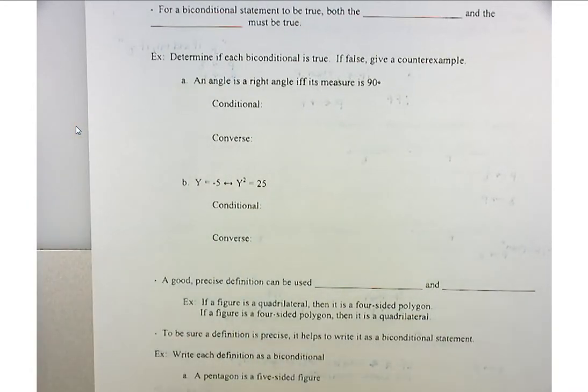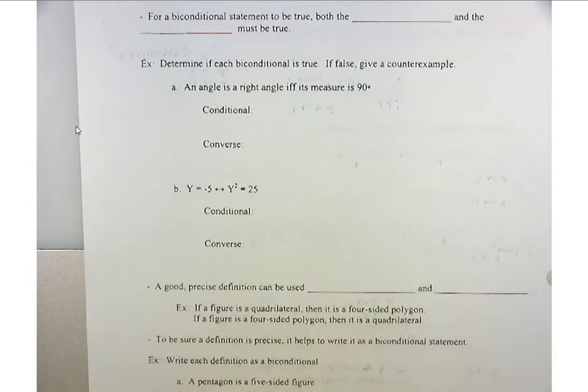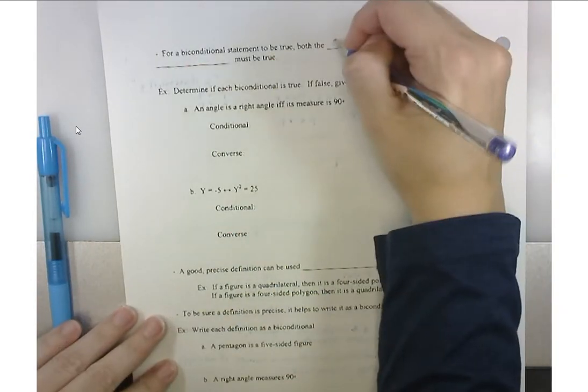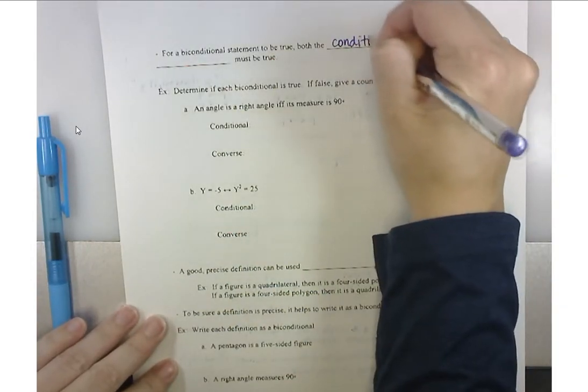So the next thing we're going to talk about are truth values. In order for the biconditional statement to be true, both the conditional and the converse must be true.